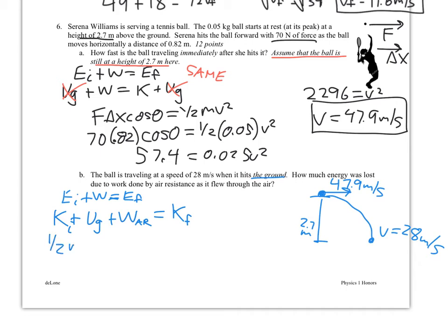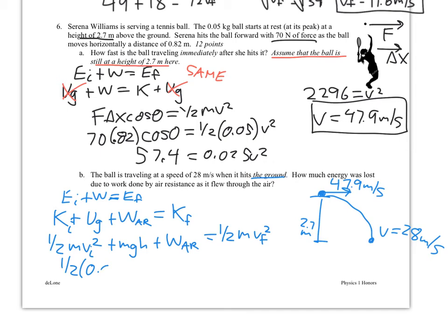So we have 1/2 mv initial squared plus mgh, plus that work being done that I'm just going to leave as a W there because that's what we're ultimately solving for, the work done by the air resistance. And that's going to be equal to 1/2 m times v final squared.